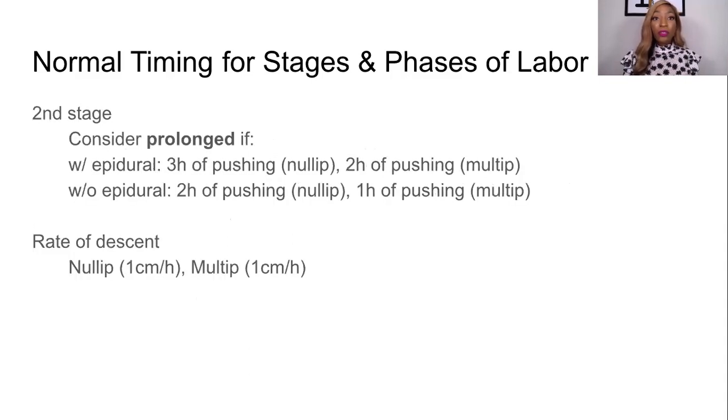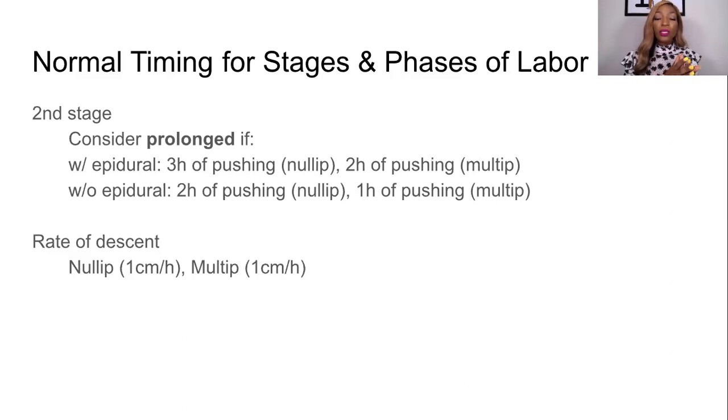So that was for the first stage of labor. Now for the second stage of labor, which, remember, is when you are completely dilated until the delivery of the infant. And so that is the pushing stage. And so the second stage of labor is prolonged if, now we have to categorize it not just based on the gravida and parity of a woman.